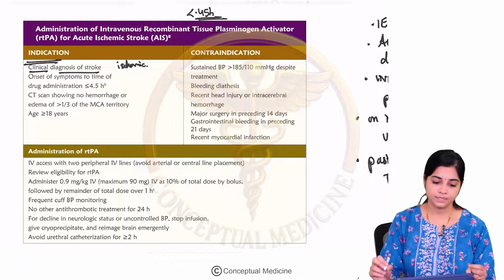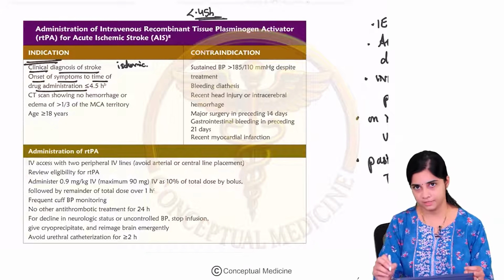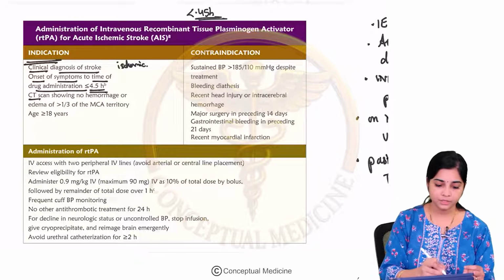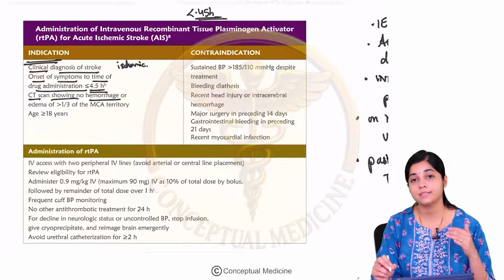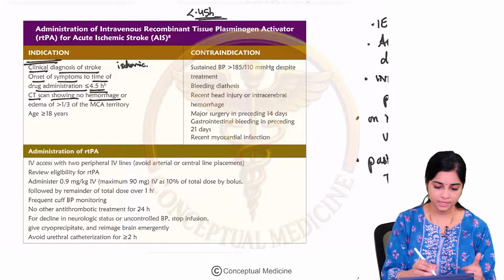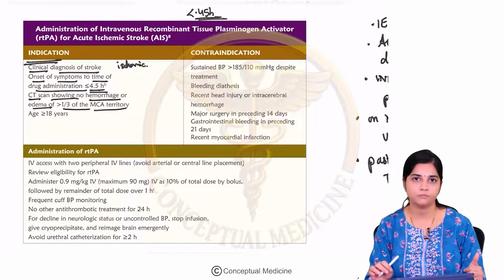There is a clinical diagnosis of stroke, and the time from onset of symptoms to drug administration is less than 4.5 hours. Very importantly, you have to rule out hemorrhage by a CT scan before you take up any patient for thrombolysis, and there is no edema or more than 1/3 of the MCA territory involvement.